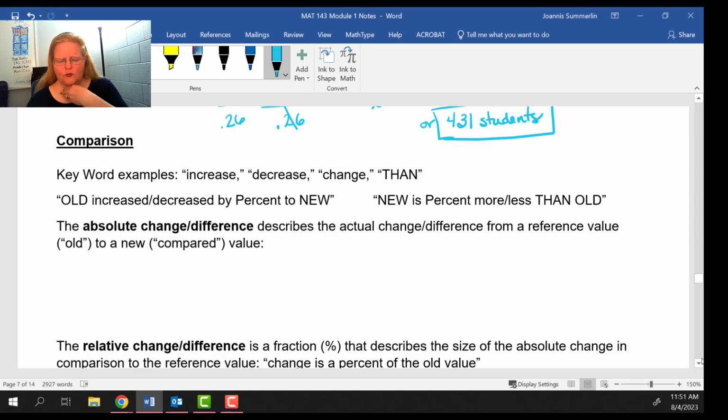We'll discuss the code. Old increased or decreased by percent to new. New is percent more or less than old. Old and new. You know you're really not supposed to call people old or new. It's not nice. But we're going to talk about old and new, reference and compared, because we have to talk about something called absolute change and absolute difference.